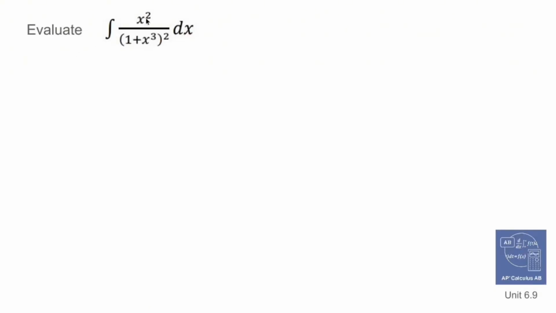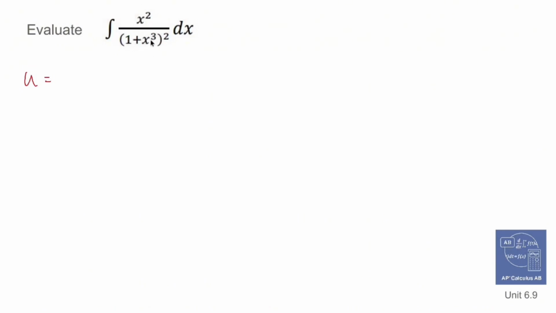Evaluate the integral of x squared over, in parentheses, 1 plus x cubed, all of it squared. Well, when you see problems like this, you're thinking chain rule-y, quotient rule-y stuff. And when you do that, you use u substitution. So I'm always going to let u equal something where it looks like its derivative is floating around.